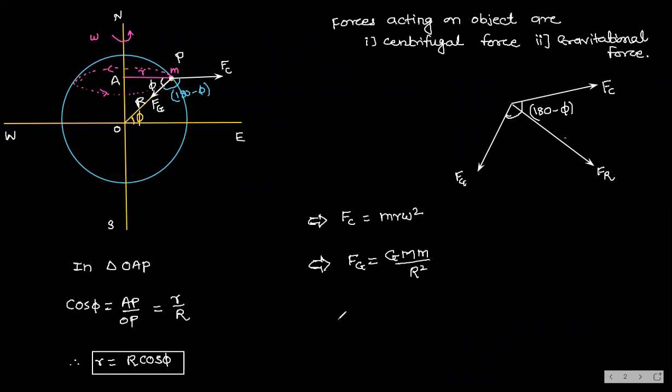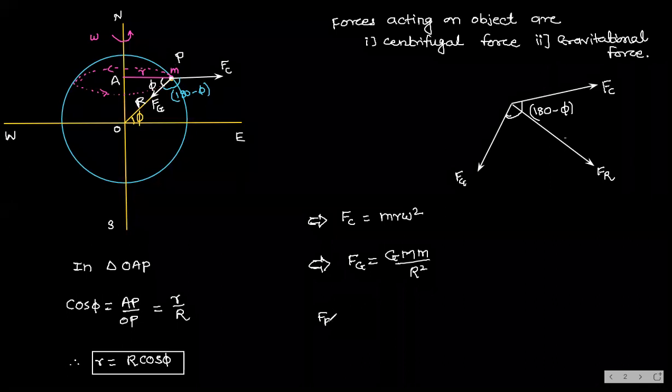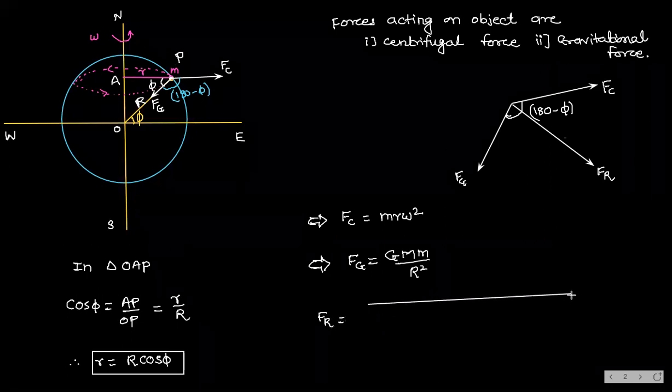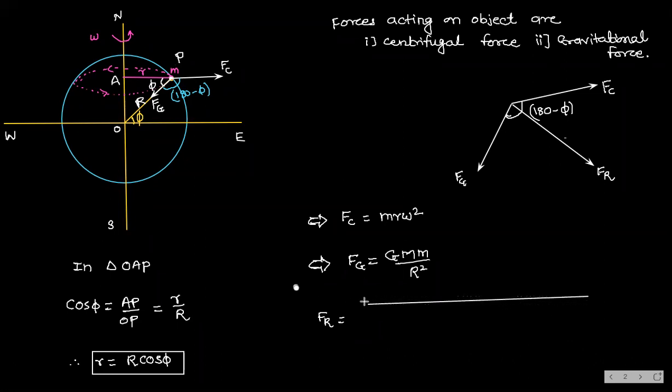The formula is Fr equal to root of F1 square plus F2 square plus 2 F1 F2 cos theta.